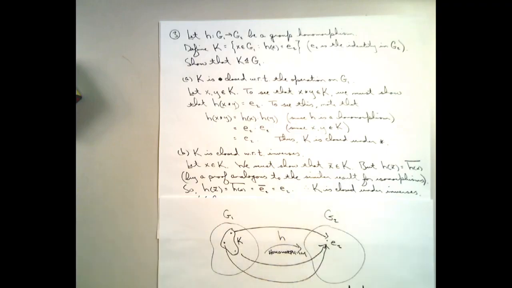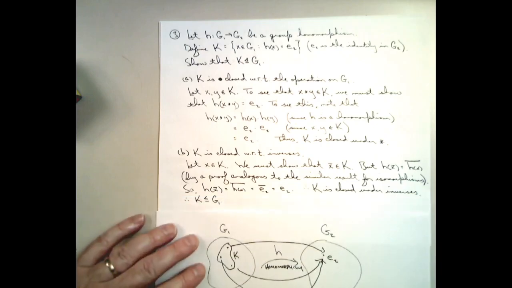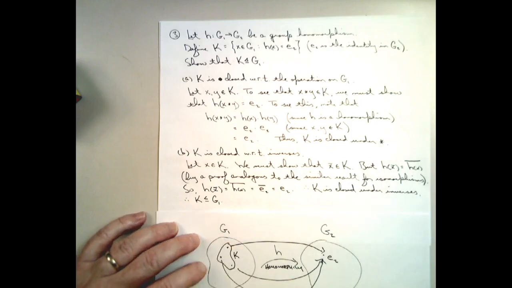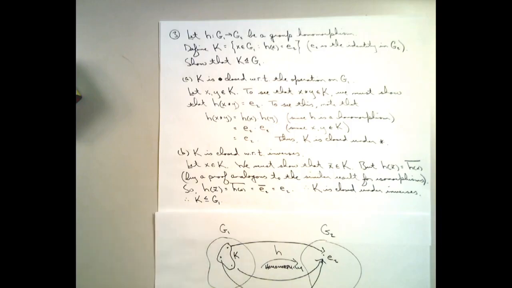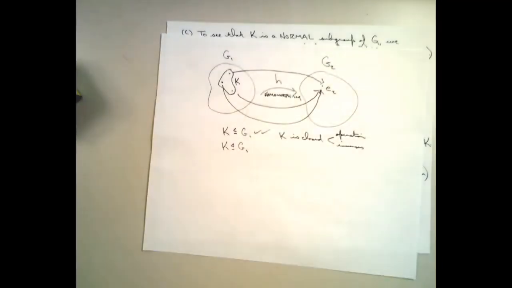That's exactly what we've got. We have that K is closed under inverses. And since it's also closed with respect to the operation, we now know that K is a subgroup of G1. Great. Now we need to show that K is normal in G1. So that's what we'll do for the rest of our proof here.